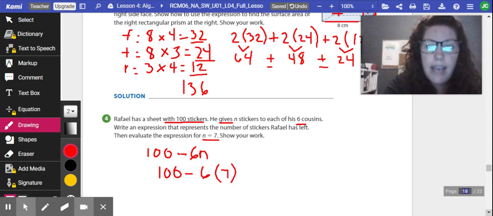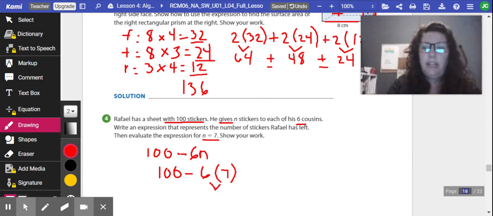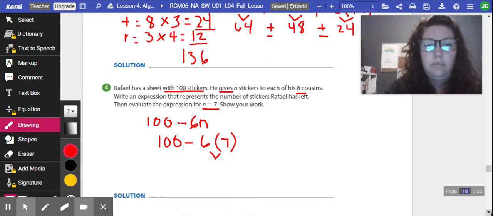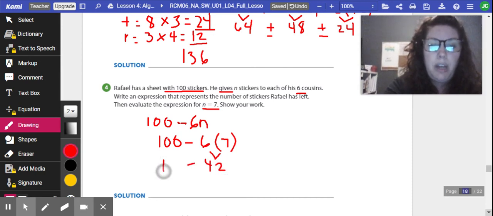And then PEMDAS tells us to multiply first. So what is 6 times 7? 42. And then I'm going to bring down my 100 and my minus sign.